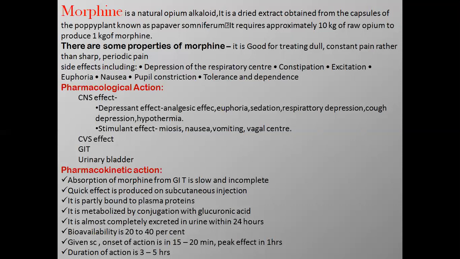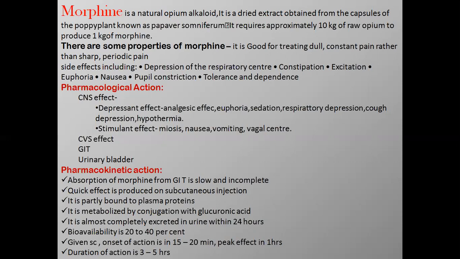The depressant effects include analgesic effect, mediated mainly through the mu receptor at spinal and supraspinal sites. It is the most important action of morphine. It is a very potent and efficacious analgesic. It causes sedation, drowsiness, euphoria, makes the person calm and raises the pain threshold.